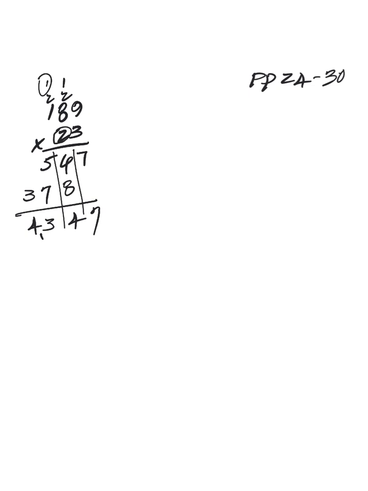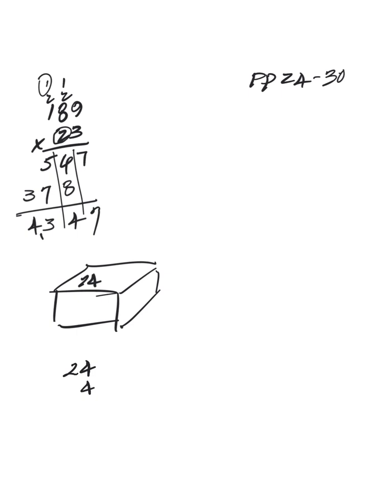So really that's not much to the multiplication, but sometimes the hard part is knowing when to multiply. So if you're looking on page 24, we've got 4 boxes, and each box has motor oil in it, and each box has 24 bottles. And we have 4 boxes. So if we have 4 boxes with 24, and we want to know the total number of bottles, we would take the 24 times the 4 boxes.